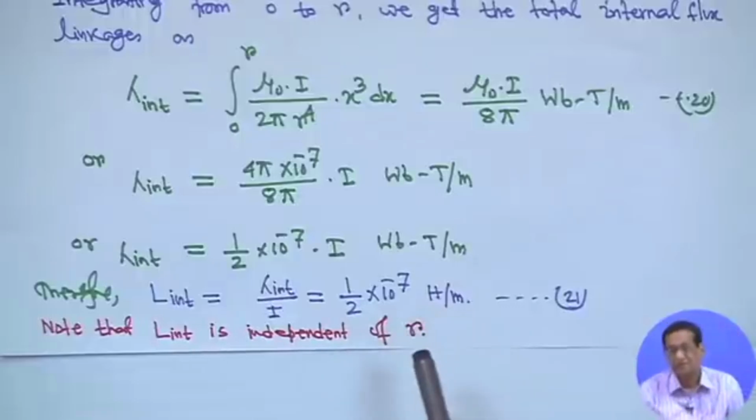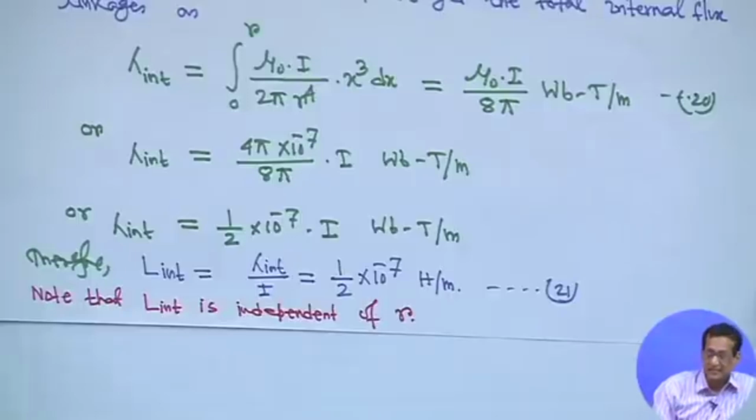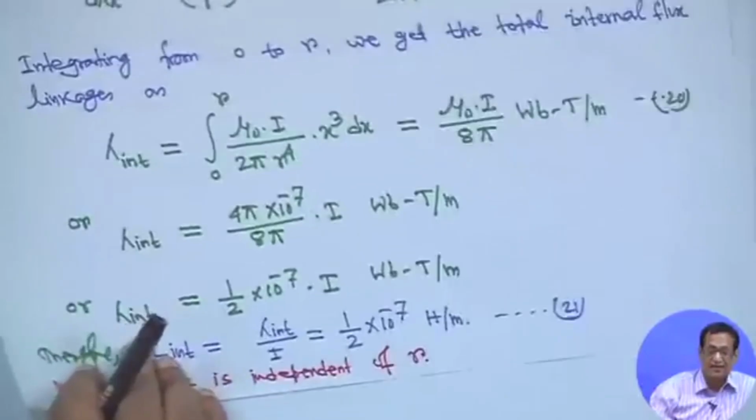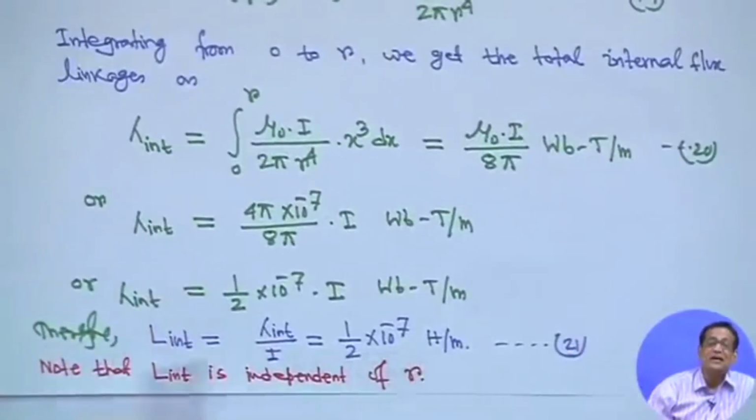So, L internal is equal to λ internal upon I, which is half into 10 to the power minus 7 Henry per meter. That means the internal inductance of an alternating current carrying conductor is half into 10 to the power minus 7 Henry per meter, and it is independent of the radius or diameter of the conductor.